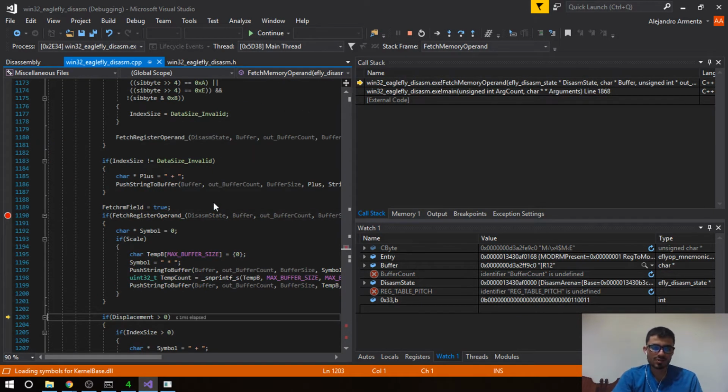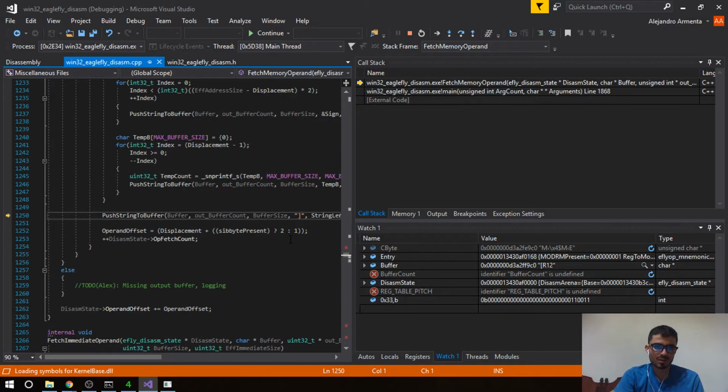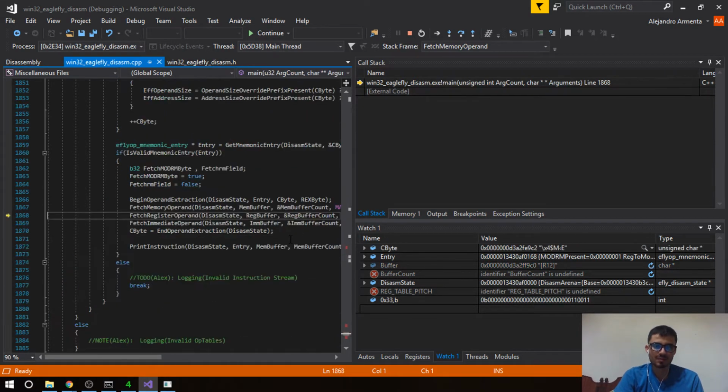So we're going to fetch the register operand. Now we didn't get anything, that's good. Now we don't have the plus because the index size has to change, so we don't have that there. We don't have a displacement, we push the thing, and that's all we do, which is fine. We don't have that case, so we just bring it out.